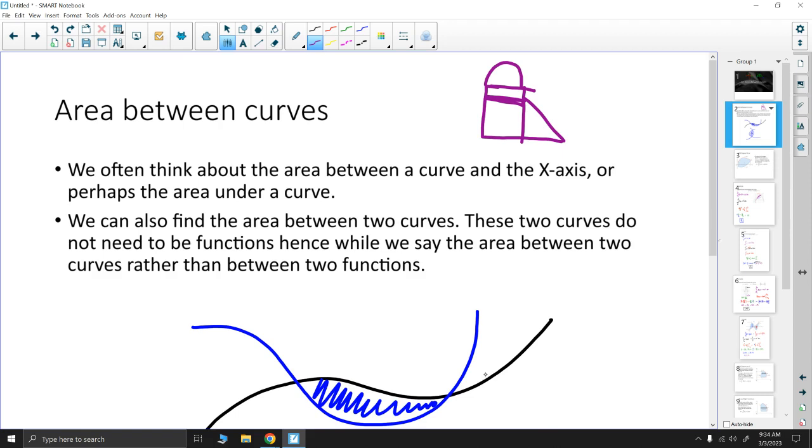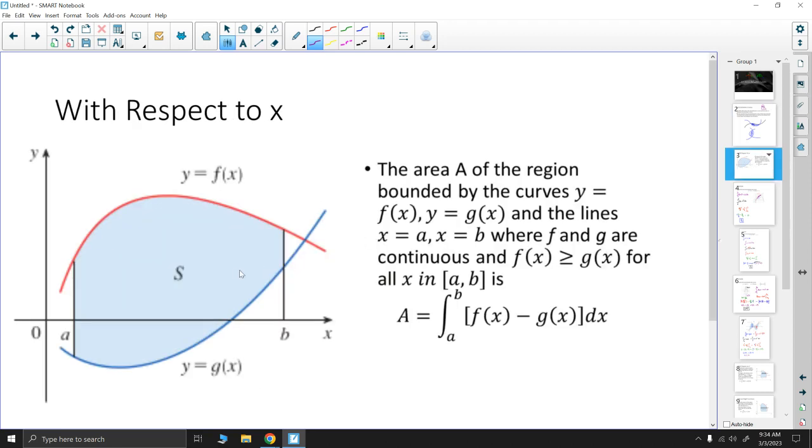We're able to use integrals to find areas of very complicated shapes that we wouldn't be otherwise able to do with geometry.